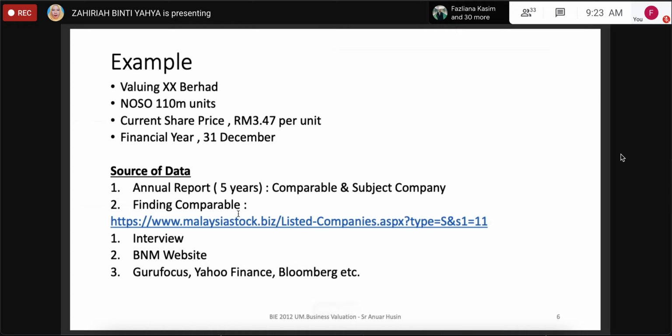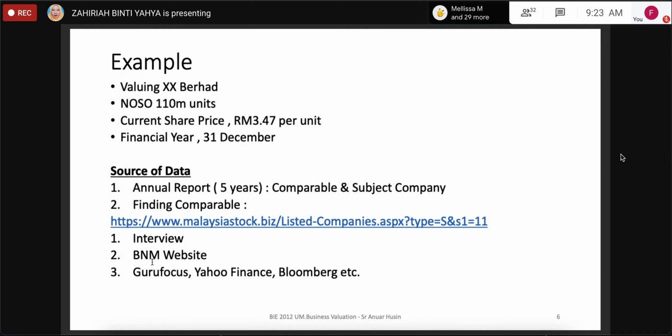So how to find the comparable? Surveyor Anwar has given it. You can look at the Malaysia Stock. And then in reality you have to interview the owner, or the management or the director of the company. And then you also have to make an investigation.